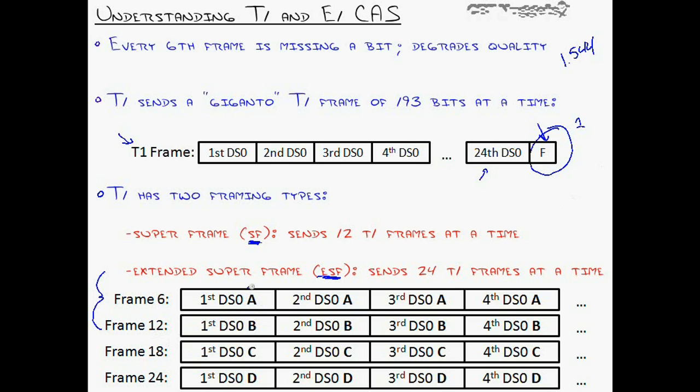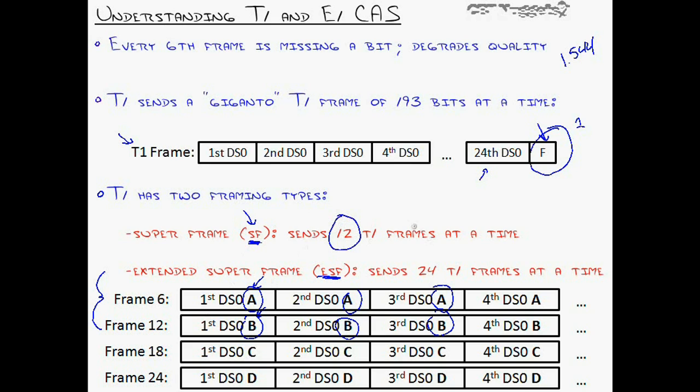Now that gives me A and B signaling bits in each one of these. Now, I know you're thinking, where did A and B come from? Remember, every sixth frame is signaling with robbed bit signaling. If you're using superframe, it will combine the signaling from the 6th frame and the 12th frame, and then it sends 12 more, and then you'll have a 6th frame and a 12th frame, then it sends 12 more. 12 T1 frames sent at a time.